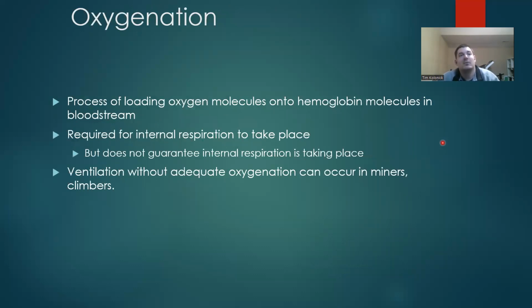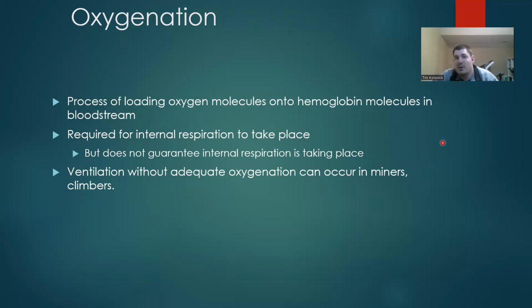So oxygenation, that's the process of loading molecules, like I said before, needs to happen for internal respiration to take place. So if we don't get oxygen onto the bloodstream within the lungs, they're not going to get oxygen out to the cells. So required, needs to happen. And you can get ventilation without adequate oxygenation.